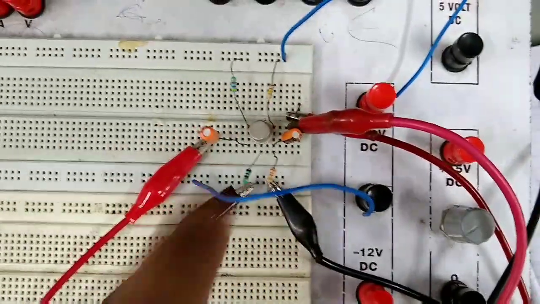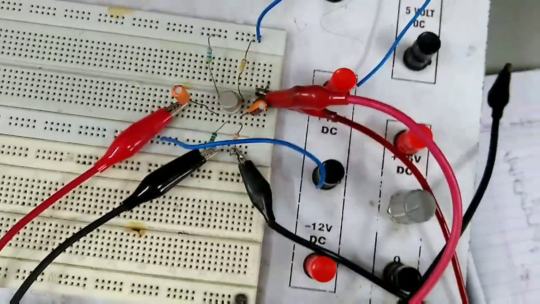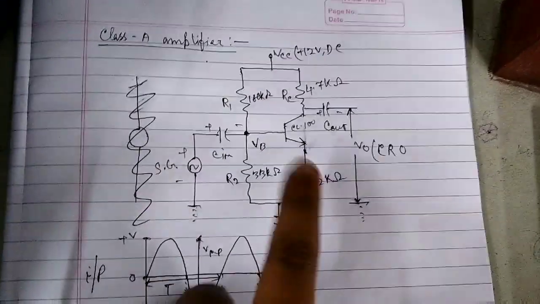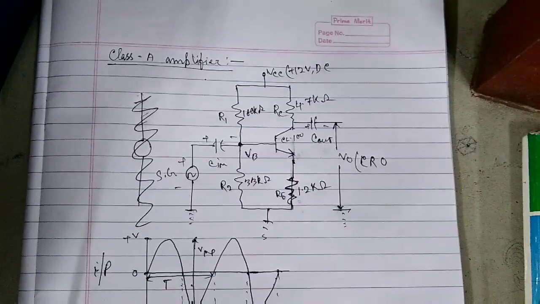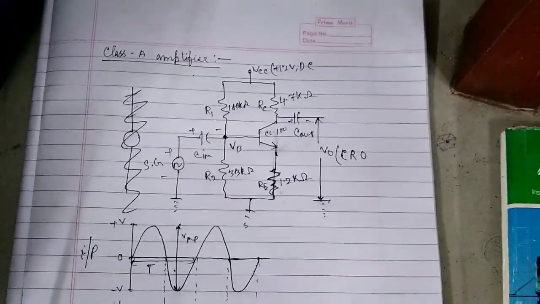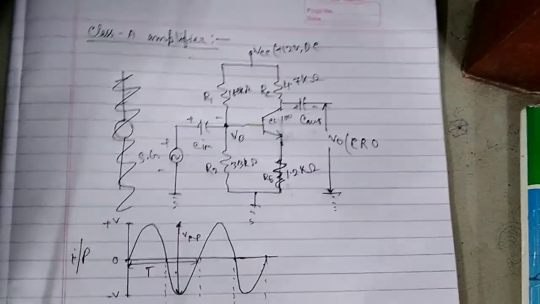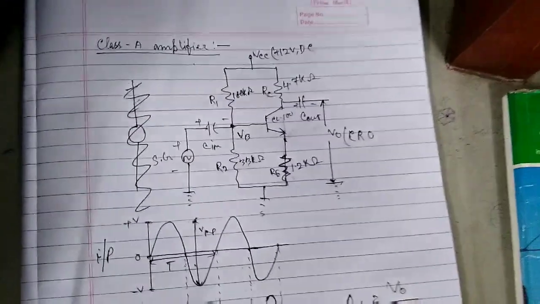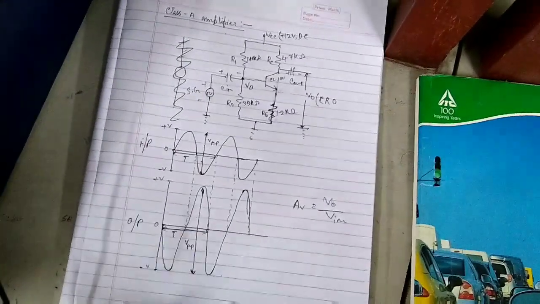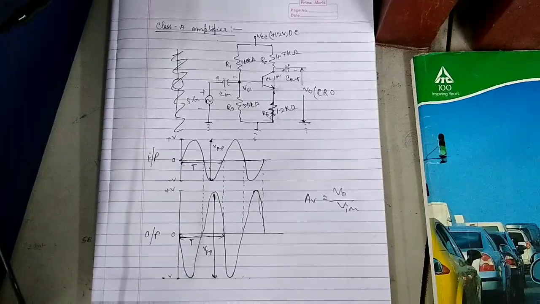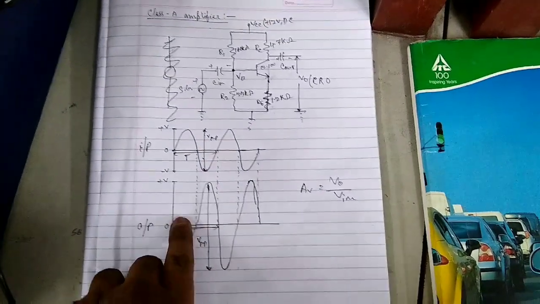We have constructed the circuit. The circuit has been made according to the diagram with necessary biasing. Actually, potential divider biasing has been used, and this is the input and output waveform. See the waveform.